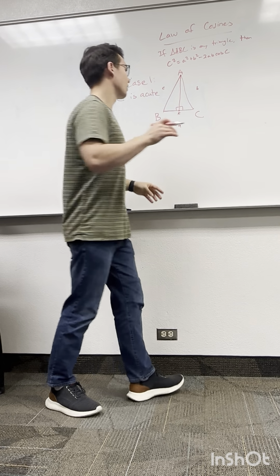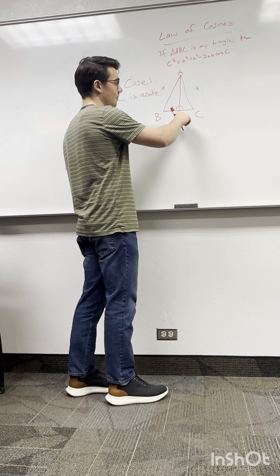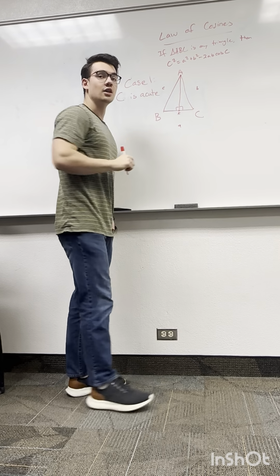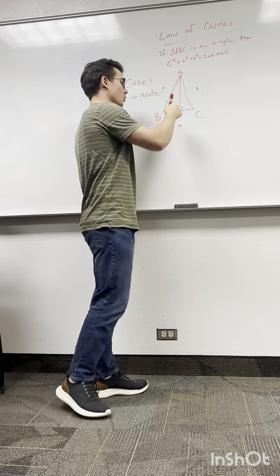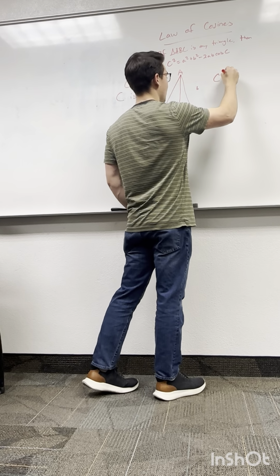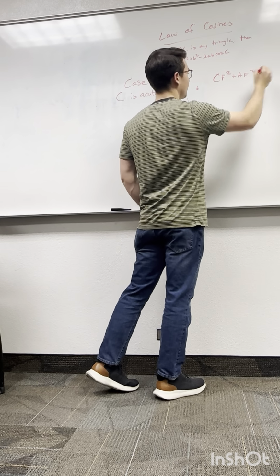So, by the Pythagorean theorem, we then know that the sum of the squares of the sides will equal the square of the hypotenuse of these smaller right triangles. For this one over here, we have CF squared plus AF squared equals B squared.